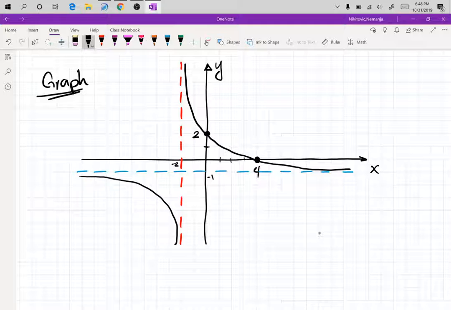You see the vertical asymptote at negative 2, and you see the horizontal asymptote at negative 1. So all of the features that we calculated, you can see there on the graph. And then you move to the next problem, right?